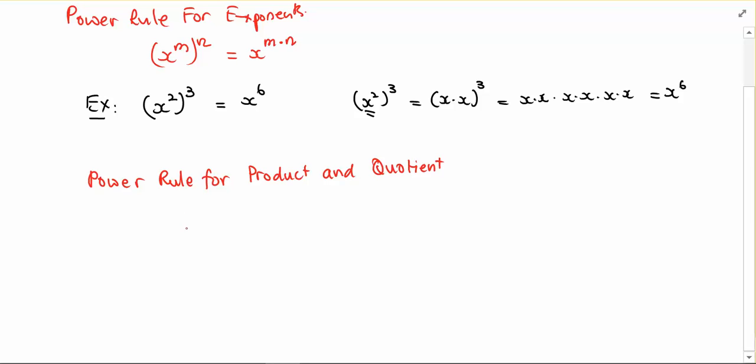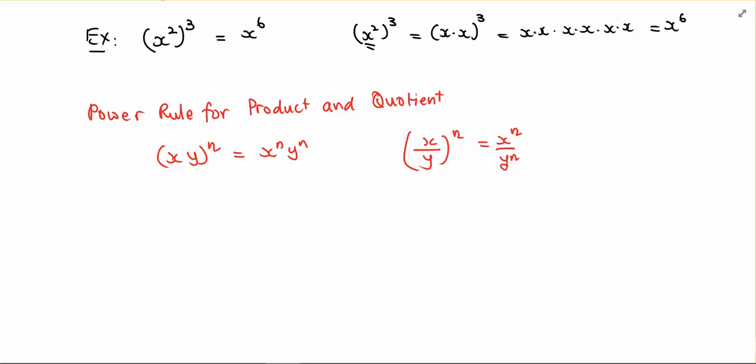For product, it says xy to the n is x to the n, y to the n, right? And the quotient rule, as you can imagine, is x over y to the n is x to the n over y to the n. Okay, so that's the product and quotient rule.